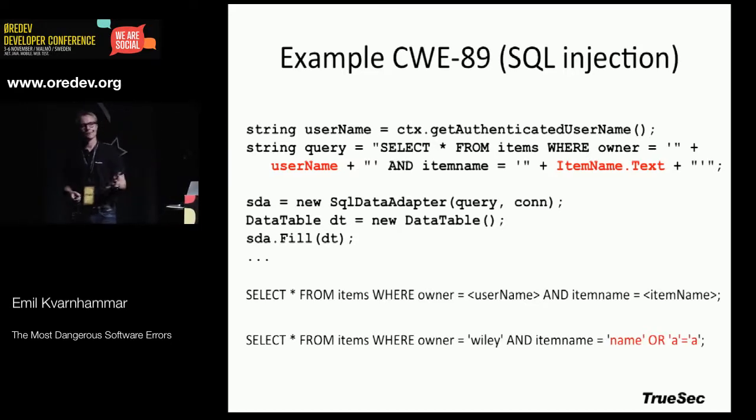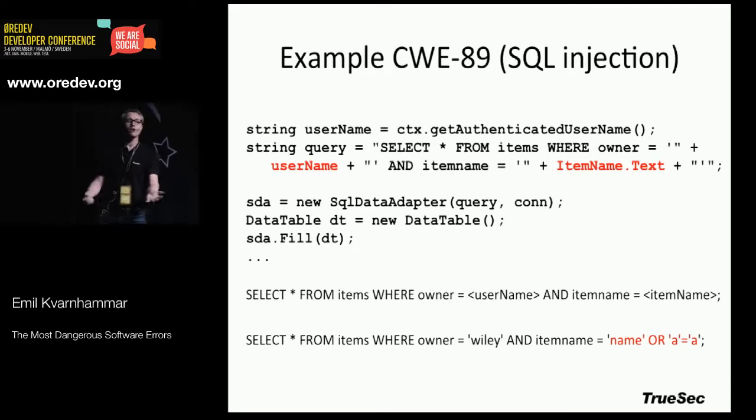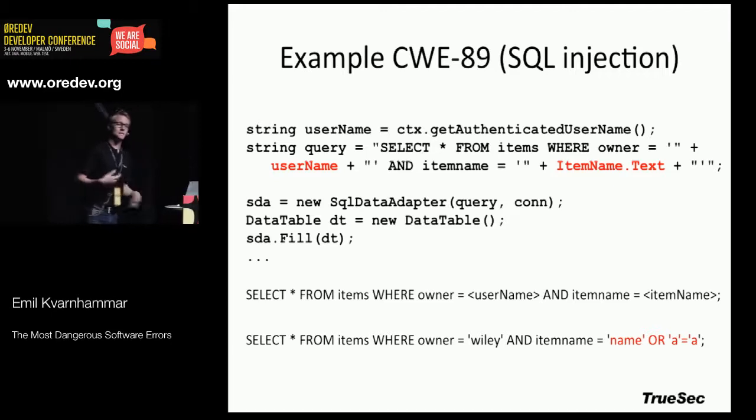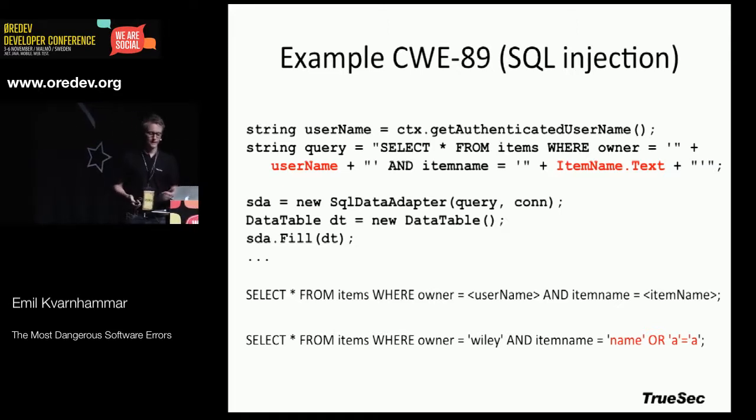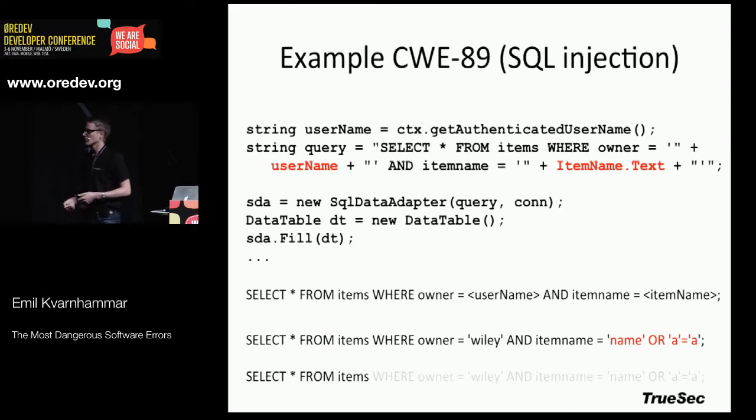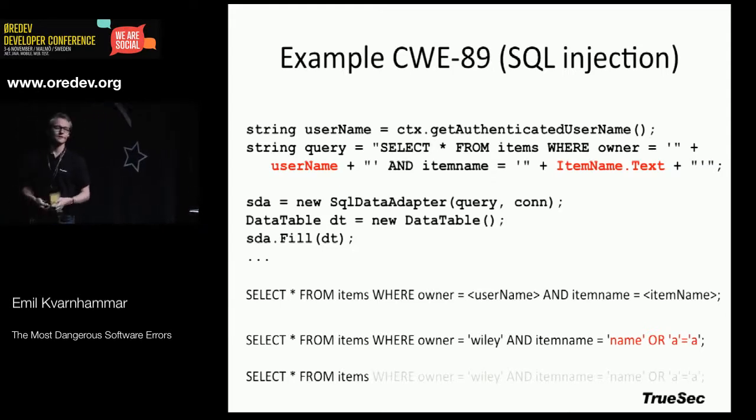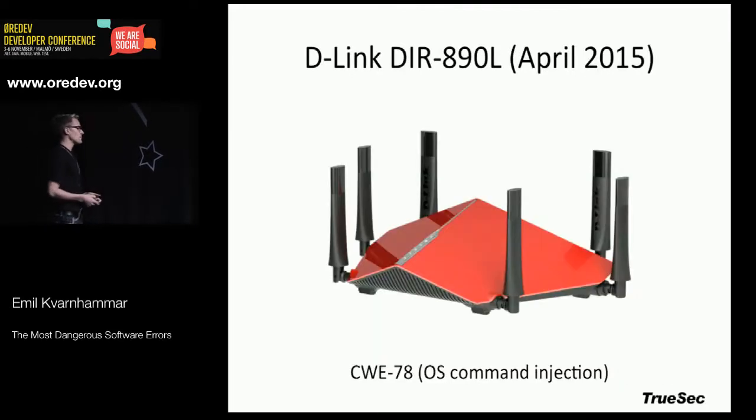But what an attacker would do to gain access to all the items would be something like passing ' or 'A' equals 'A', which is always true. And that would mean that all the items are going to be returned in that table. This is the most simple example of a SQL injection. So this basically has the same meaning as no conditions at all.